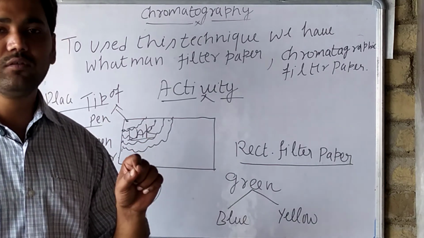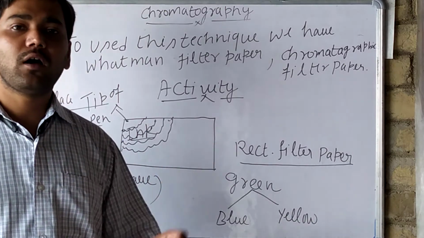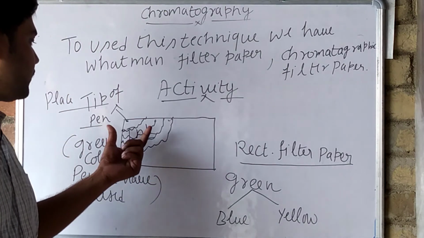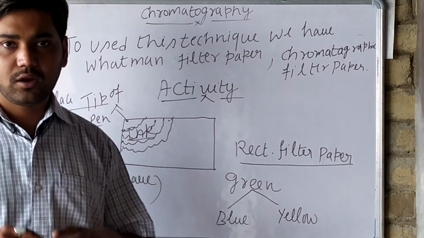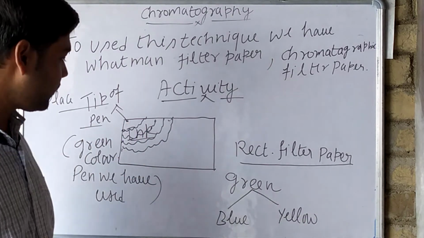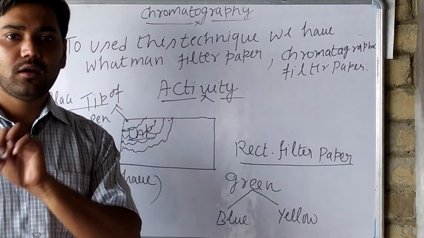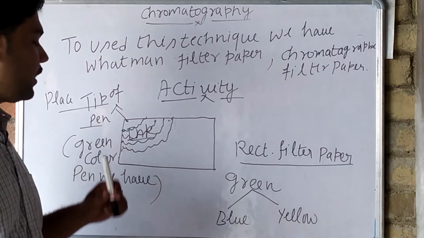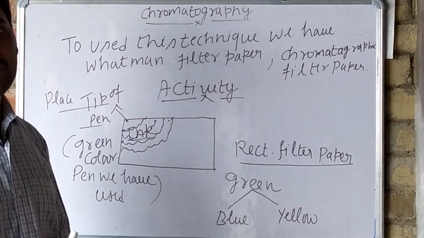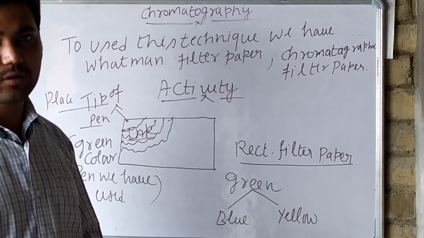After some time, we observe that the ink spreads on the filter paper. Then we remove the pen from the end of the rectangular filter paper and allow the ink to dry for some time.